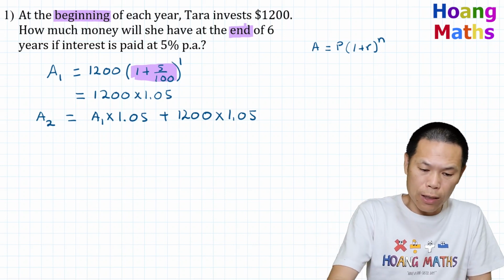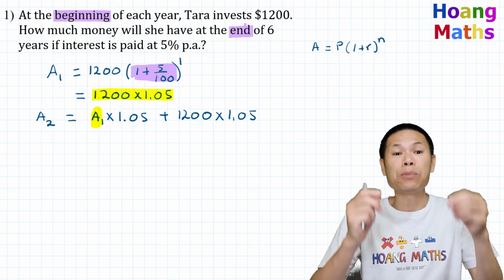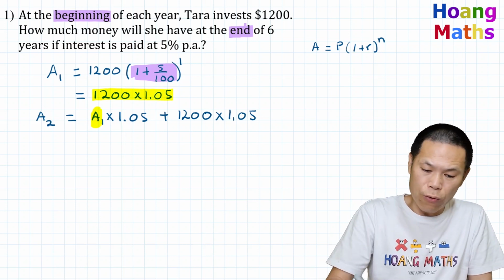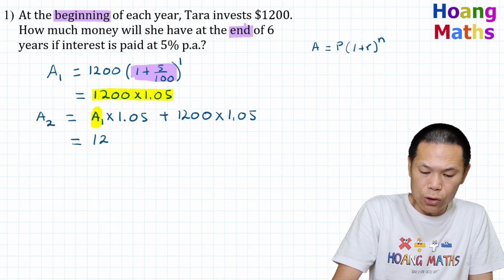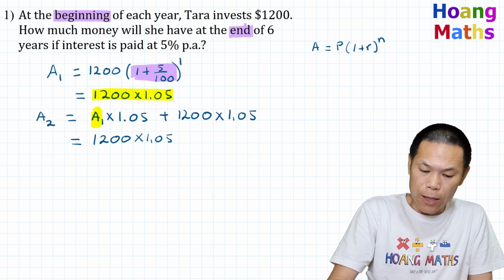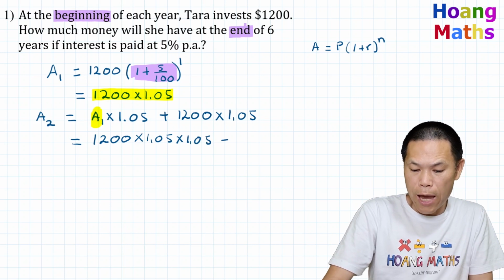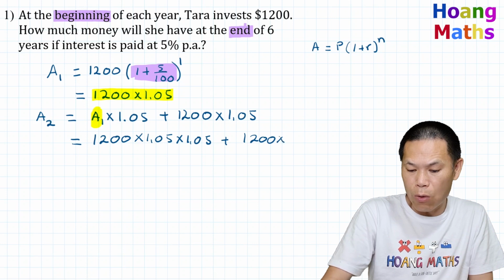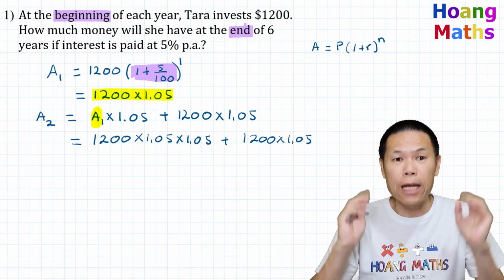We know that A1 is 1,200 times 1.05. So let me rewrite this first. A2 is equal to 1,200 times 1.05, that is A1, and then we times 1.05 as well. And we add 1,200 times 1.05. That is how much she has at the end of the second year.